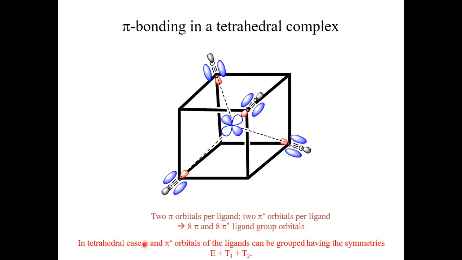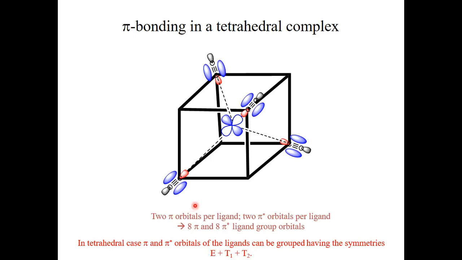For both the pi and the pi star orbitals, we would get 2 ligand group orbitals that have the symmetry type E, 3 ligand group orbitals that have the symmetry type T1, and 3 ligand group orbitals that have the symmetry type T2. And these together would give 8. We would have 2 sets of these 8 ligand group orbitals, which would give overall 16.